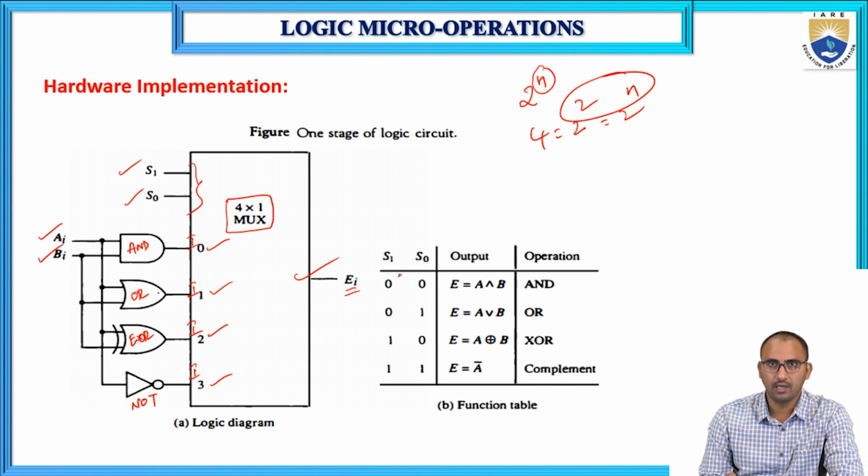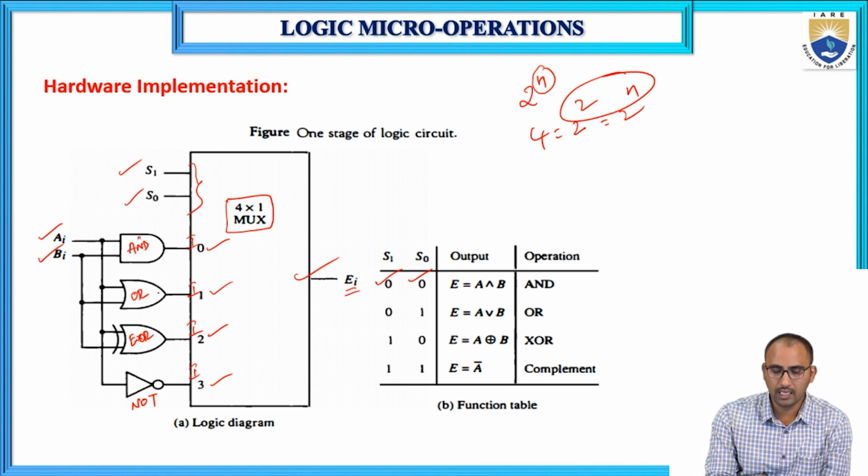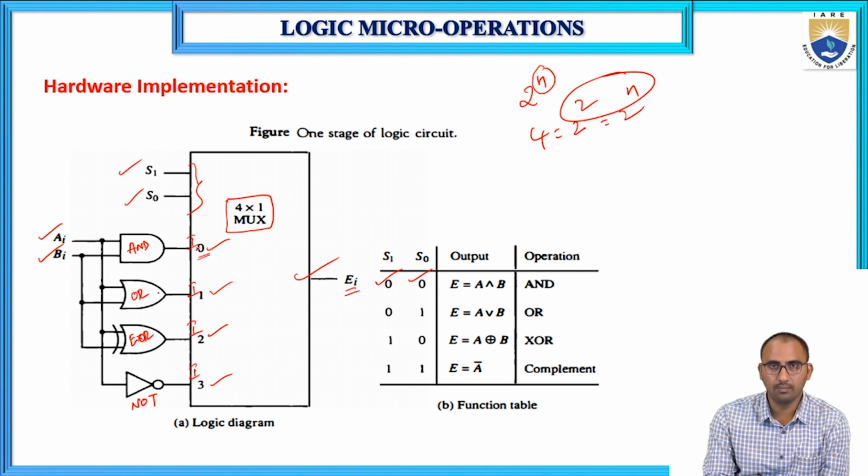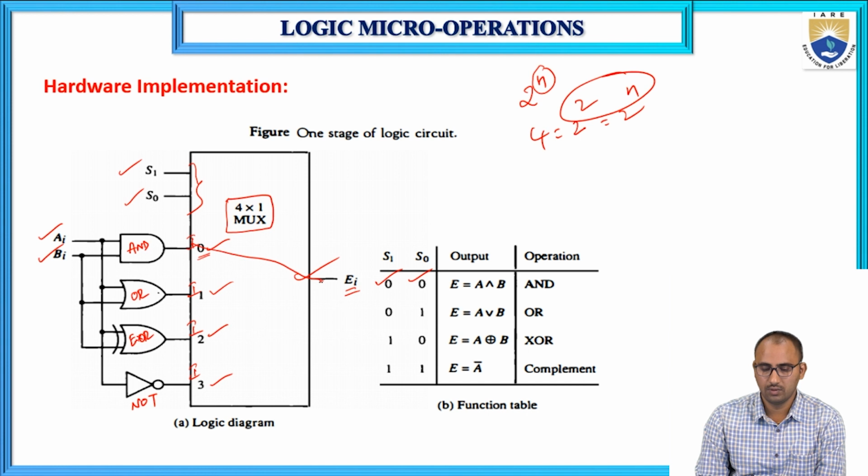If the selection lines S0 and S1 are both 0, then the AND gate output, input 0, will be connected to the output. So it performs AND operation.